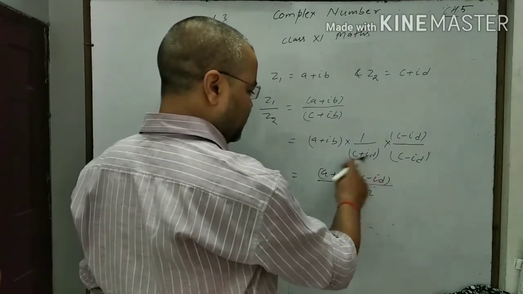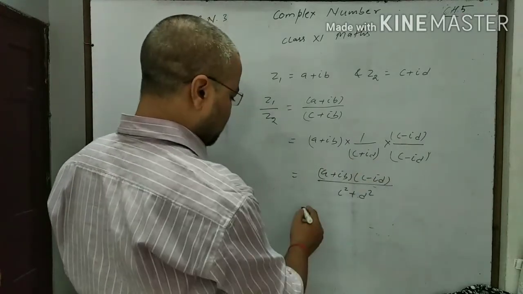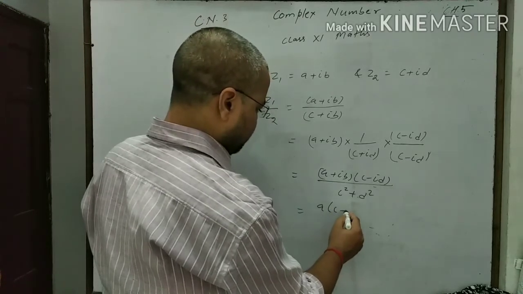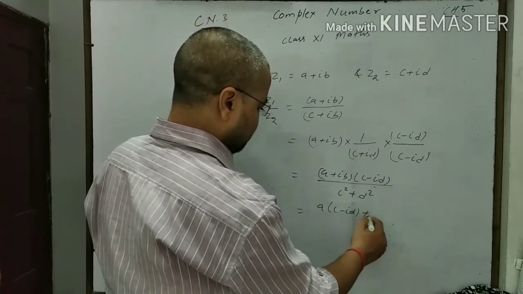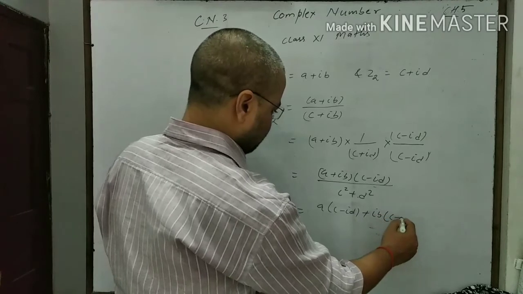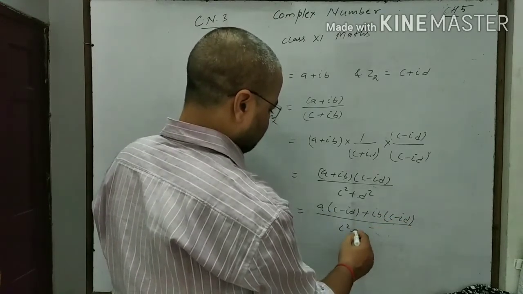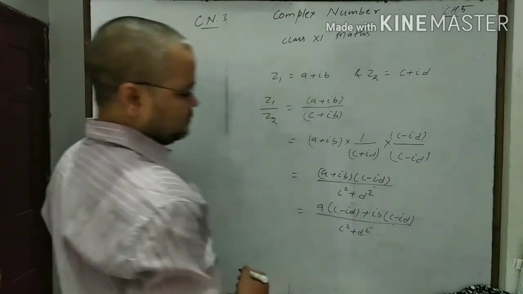Now if we multiply this, then it will take this form: (ac minus adi plus bci minus bd i square) upon c square plus d square.